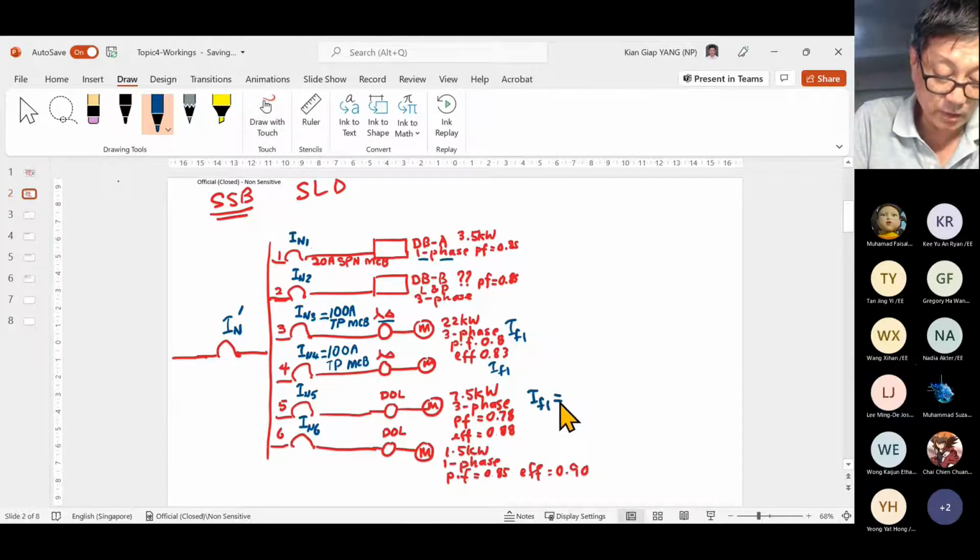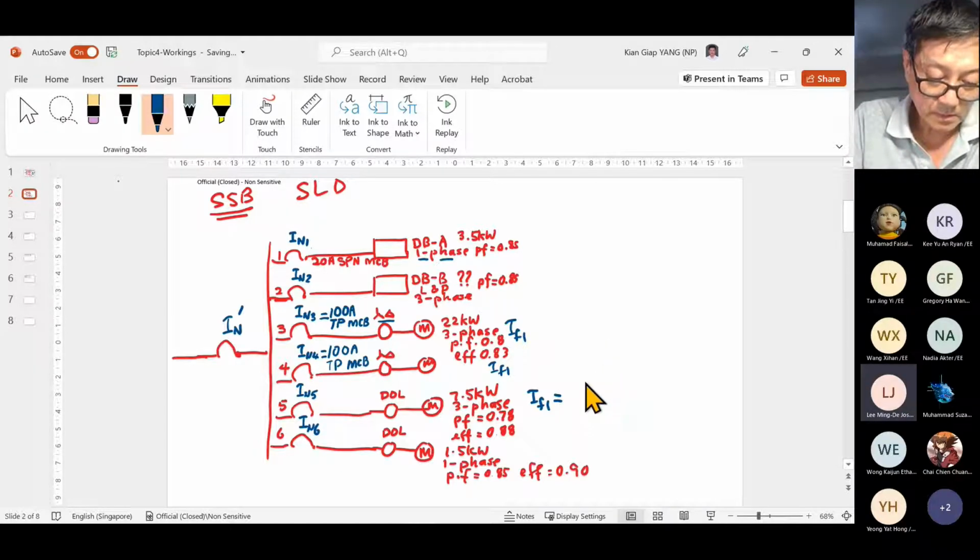IFL1, the formula first. Always give me the formula first. The watts, the 7.5K watts. No. Write the formula out first. Power over square root 3 times the line voltage, times power factor, times efficiency. Okay, so please write this formula out first.